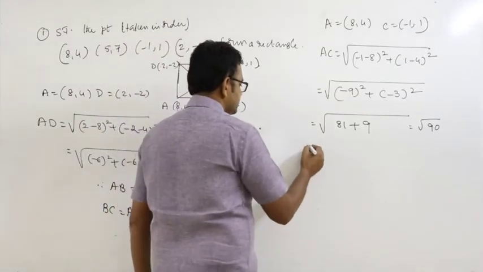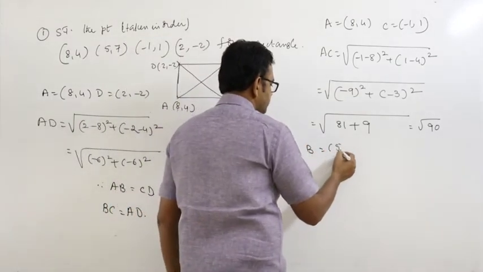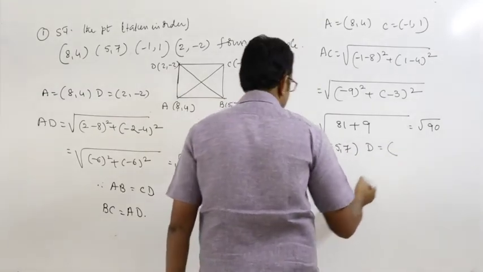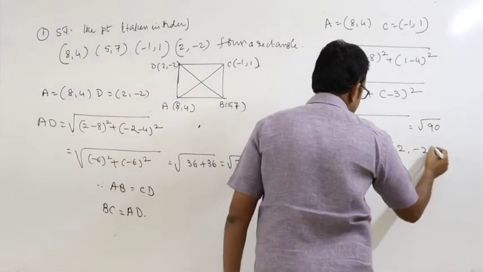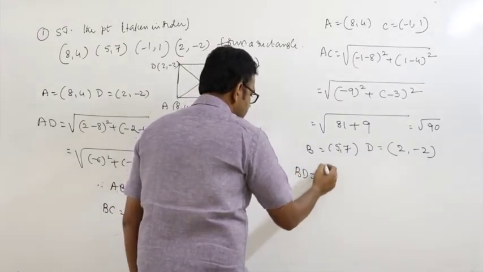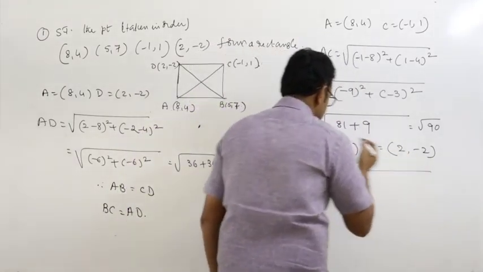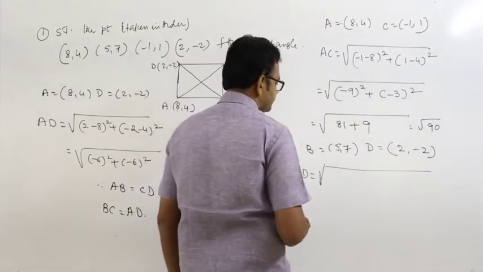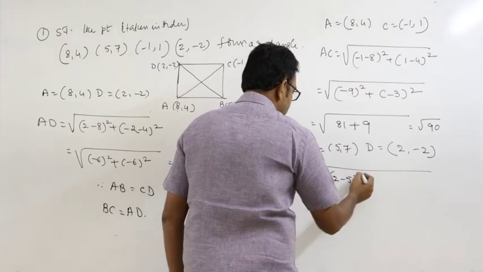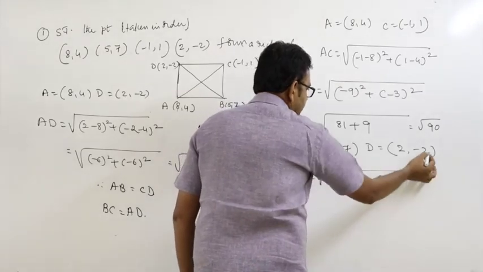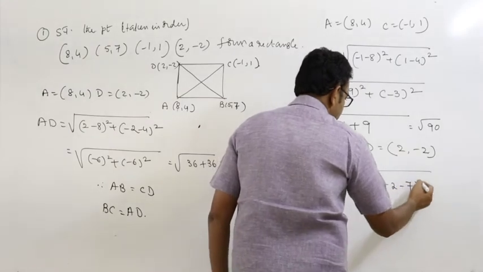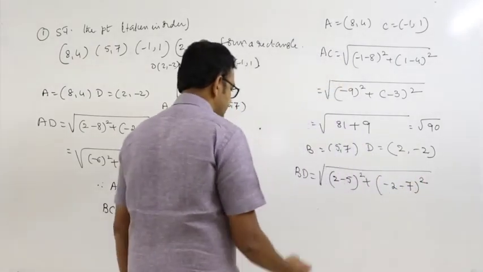And the other diagonal is BD. B coordinates (5, 7), D coordinates (2, −2). Therefore, BD is equal to root of (x2 − x1) whole square plus (y2 − y1) whole square, that is (2 − 5) whole square plus (−2 − 7) whole square.